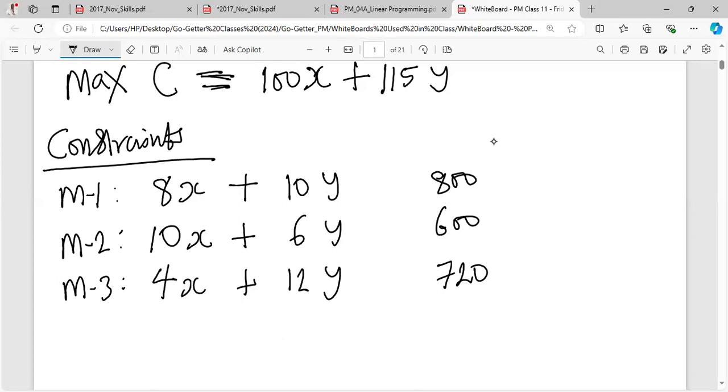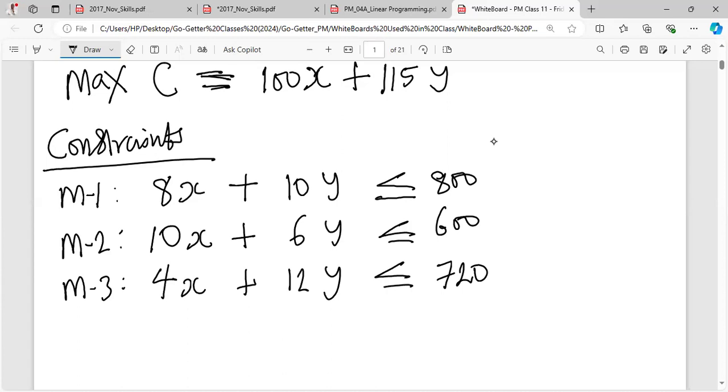If it is less than 800, it will be like this. But it's possible that it can be equal to 800. So as long as it is not above 800, it could be less than 800, it could also be equal to 800. So we use less than or equal to. The same thing applies here. So these are their maximum available hours.